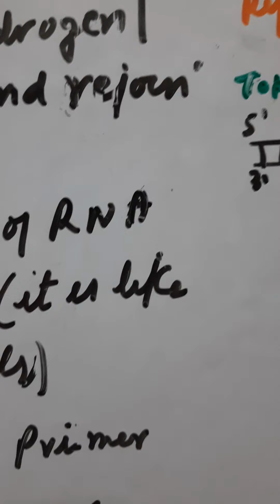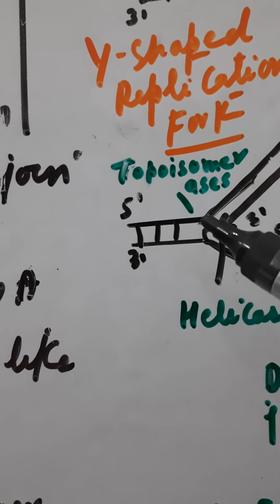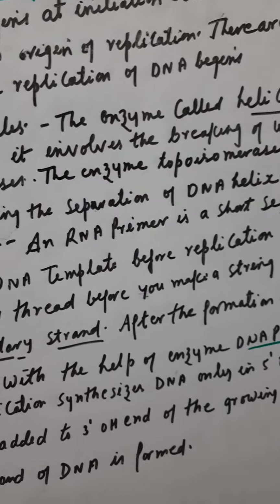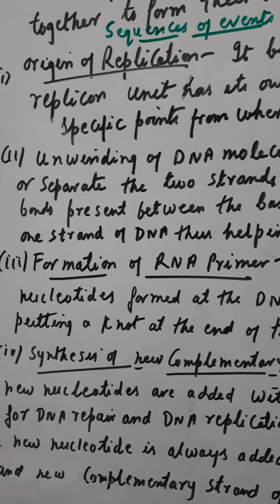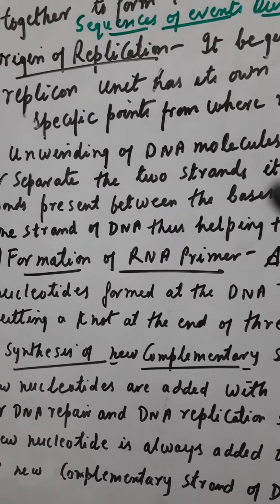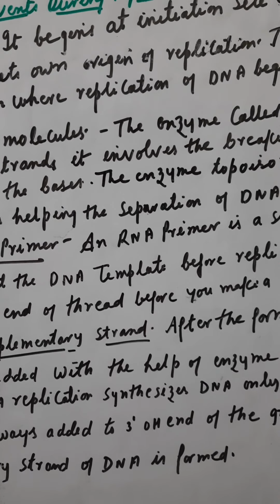Now the enzyme topoisomerase. This enzyme cuts and rejoins one strand of DNA, thus helping the separation of the DNA helix.